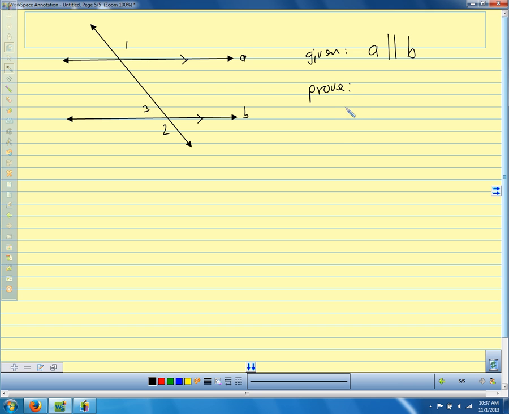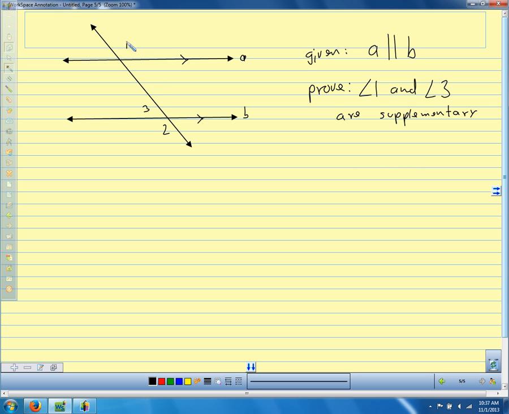that angle 1 and angle 3, I guess this isn't one of our theorems, but it's kind of related. Prove that angle 1 and angle 3 are supplementary.